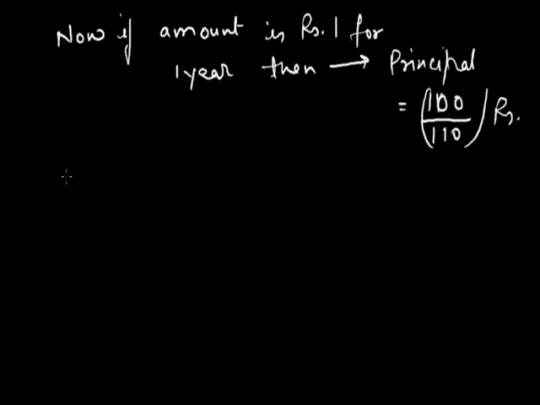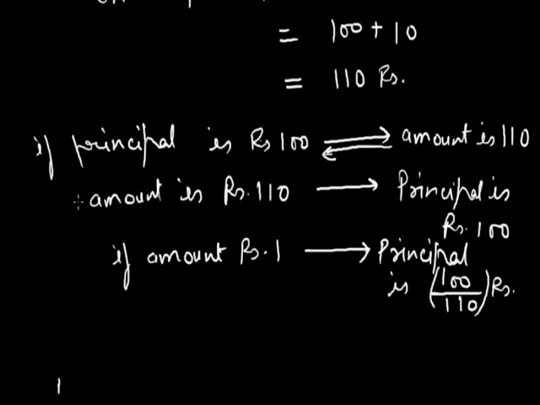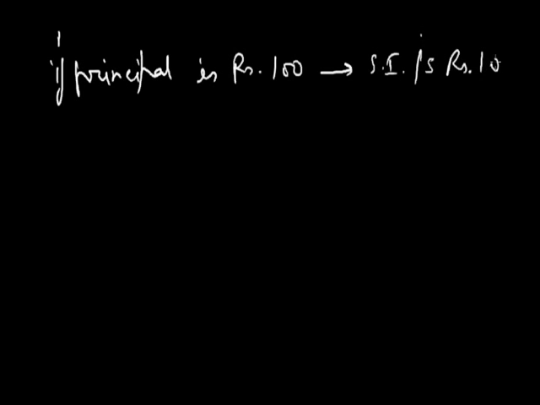We have to calculate the principal for the amount of rupees 900 in 6 years. So according to the unitary method, if principal is rupees 100, then simple interest is rupees 10.